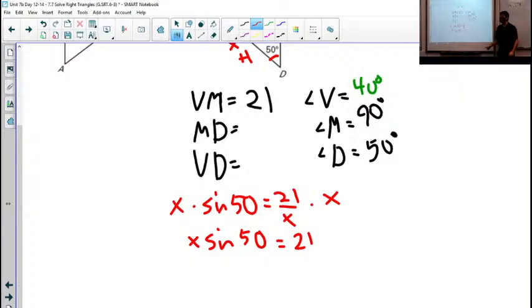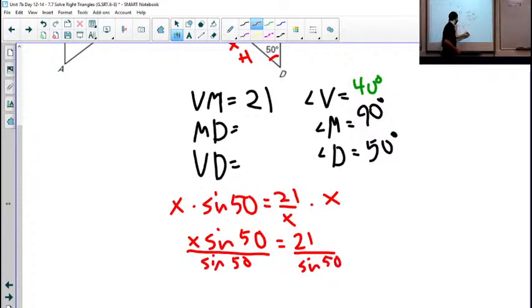Sine of 50 is just a number, so to get rid of multiplying by that number, I'm going to divide. So we are dividing because it's x times a number. So 21 over sine of 50.